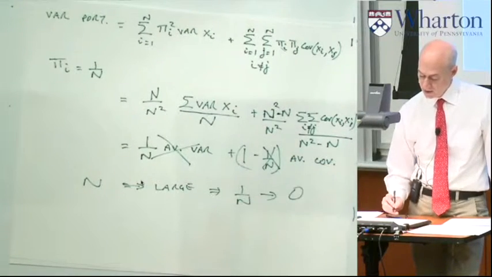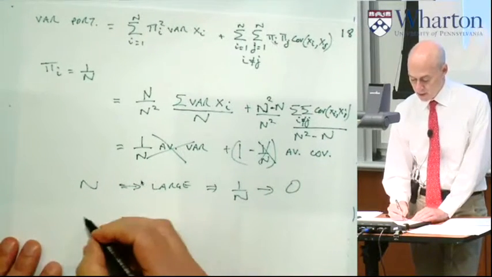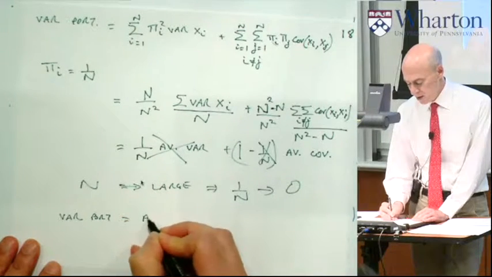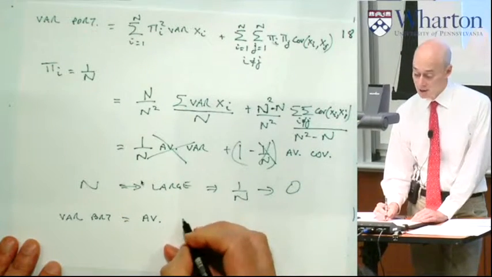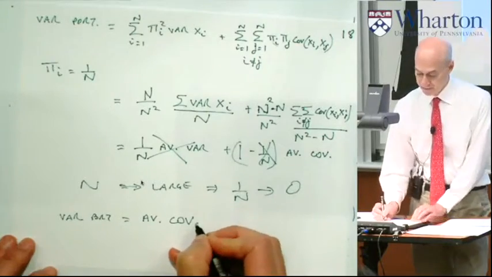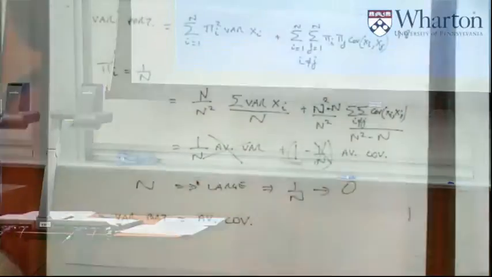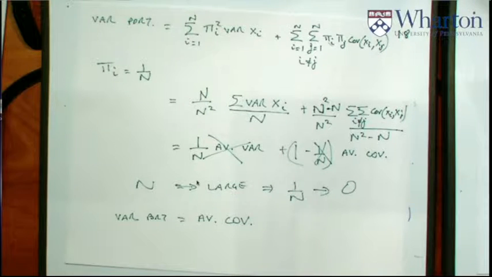And so we're left with the variance of the portfolio being the average covariance. That's why we're so interested in covariance, because what determines the risk of the portfolio is the average covariance.